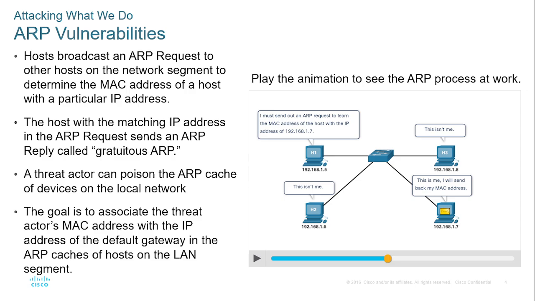And so the goal is to associate the threat. How can a threat actor use the ARP to launch attacks? This is what we call ARP cache poisoning, where the threat actor poisons the ARP cache of devices on the local network.